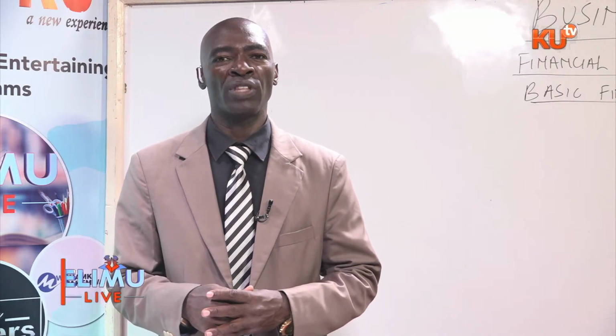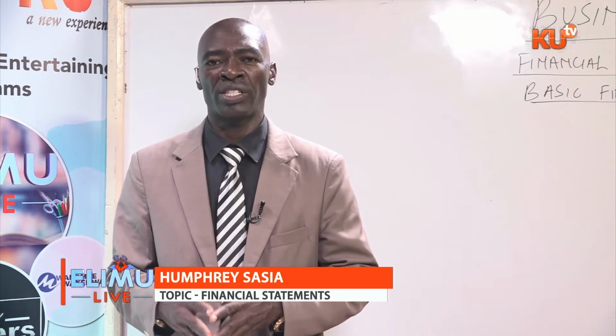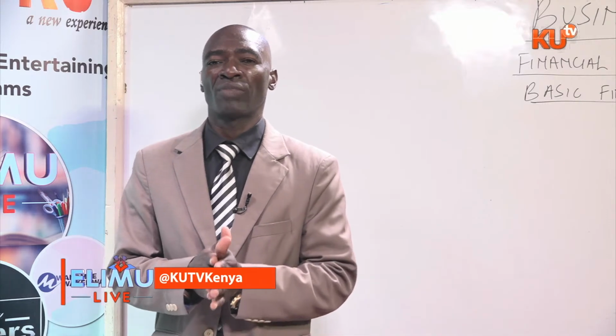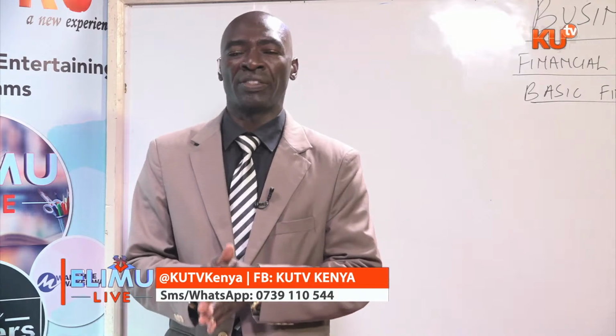Now, just before we move forward, I wish to notify you of the specific objectives that you are supposed to achieve at the end of this lesson. Business studies, Form 4, specific objectives.